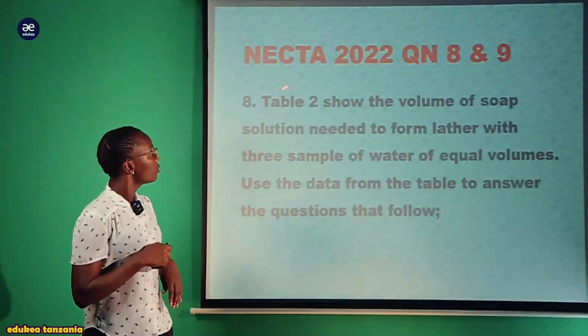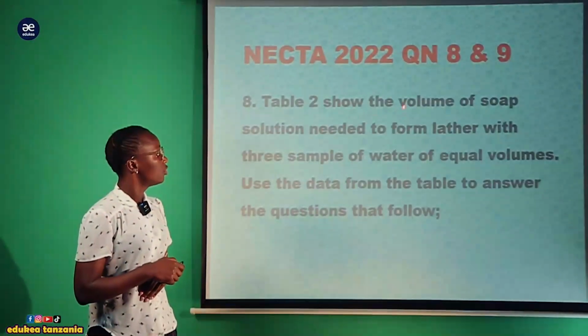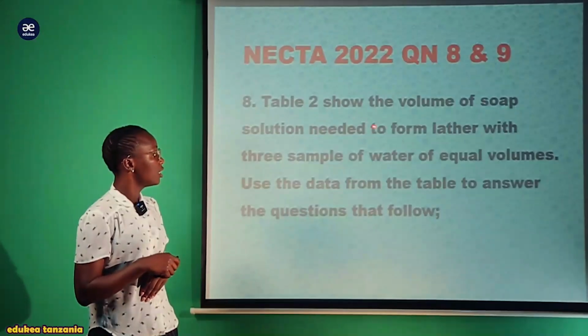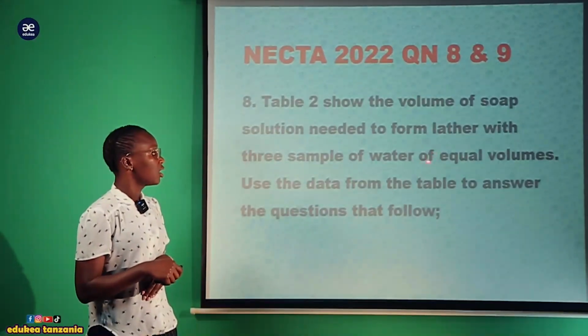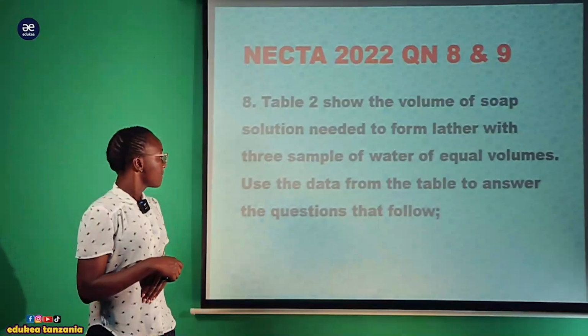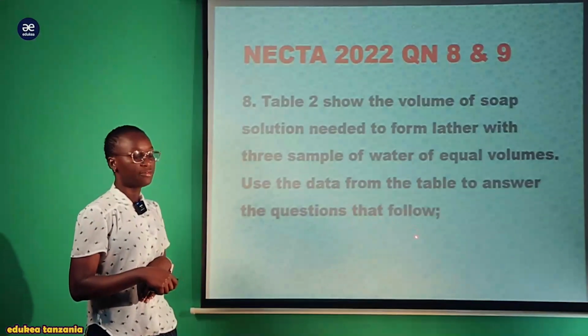So the question number 8, it states that Table 2 shows the volume of soap solution needed to form lather with 3 samples of water of equal volume. Use the data from the table to answer the questions that follow.